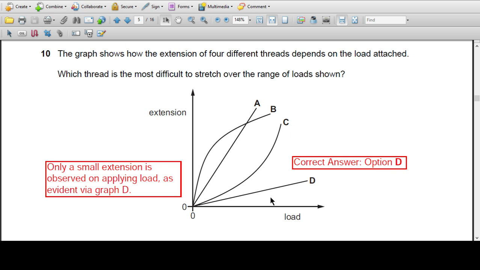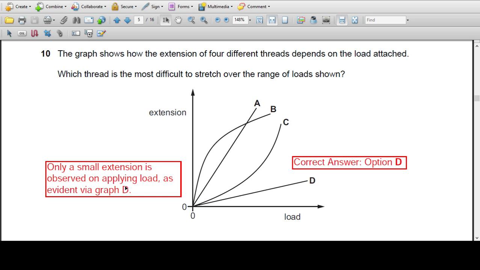While in D, we can see that the slope is very small, which means very small extension appears. At this load, the graph shows only this much extension from 0 to this level. But if we increase the load at this point, the difference between the previous extension and this new extension is not very large.